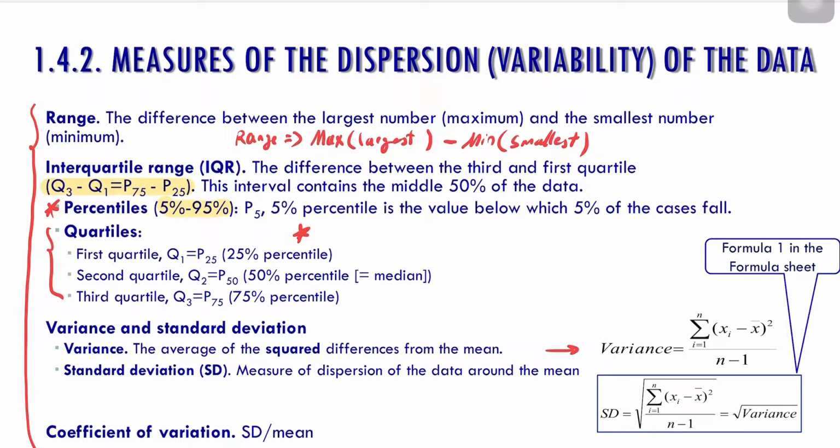We can also find the coefficient of variation, which is very important. If we divide the standard deviation by the mean, it shows information about the variance.